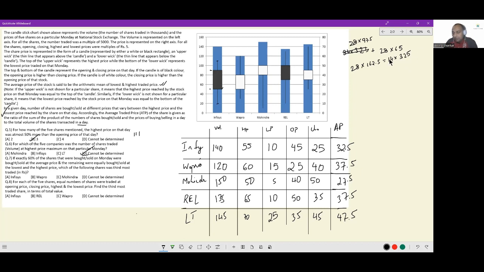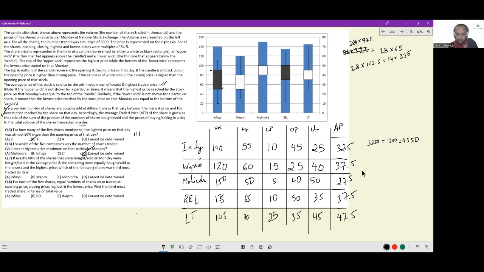So 325 into 10 is 3250, plus 325 into 4 is 1200 plus 100, so 1300. So we get 4550. This is the highest traded in terms of money. This is the value of shares of INFI that were traded.